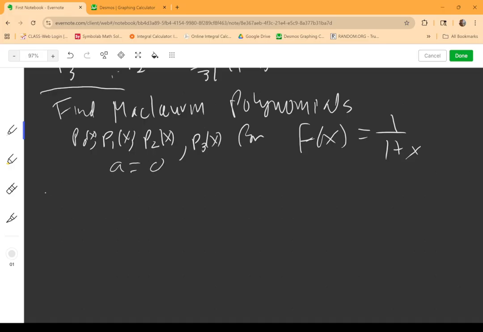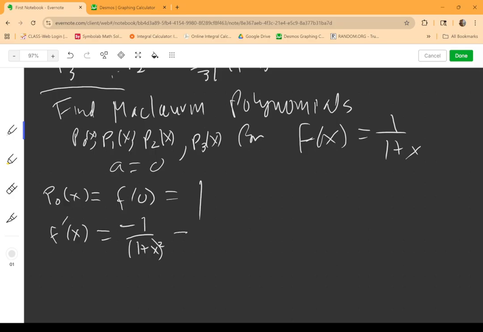Okay, so my 0th polynomial is just a constant evaluated at 0, so that is 1. Now let's find our P1, so that involves the first derivative. Think of 1 plus x to the negative 1, so the derivative is negative 1 over (1 plus x) squared, evaluated at 0. F prime of 0 gives me negative 1.